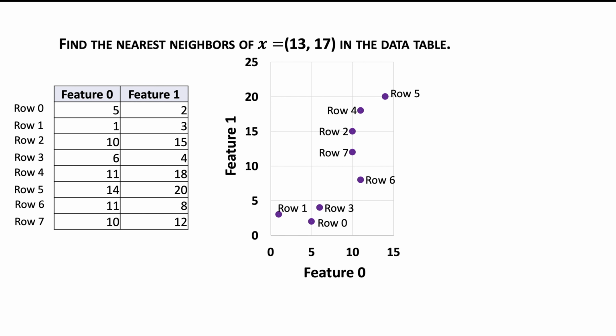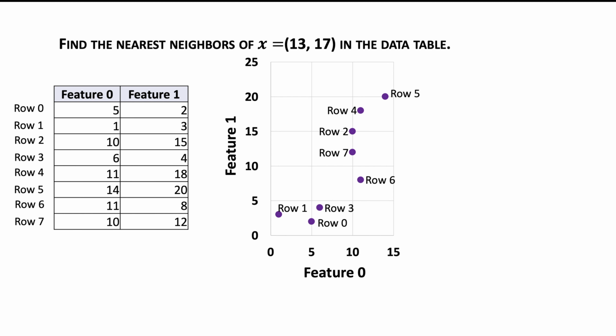Still, please do remember that the space exists for any number of dimensions. We can compute distance between higher dimensional points using the distance formula such as Euclidean distance and Manhattan distance. Since we can compute distance between data points, we can always find the nearest neighbors given a point.